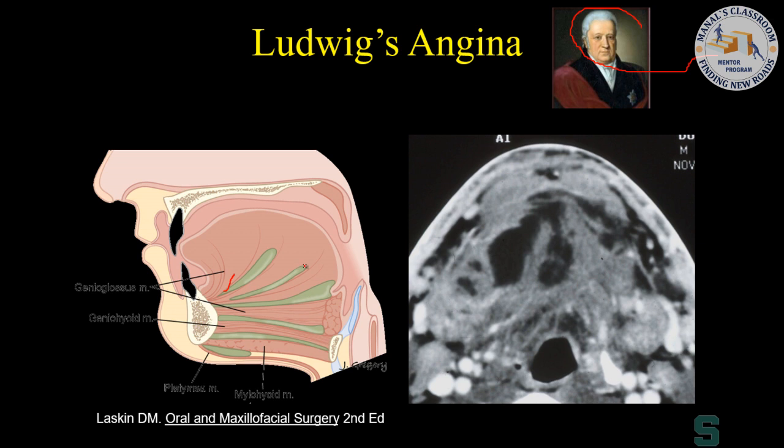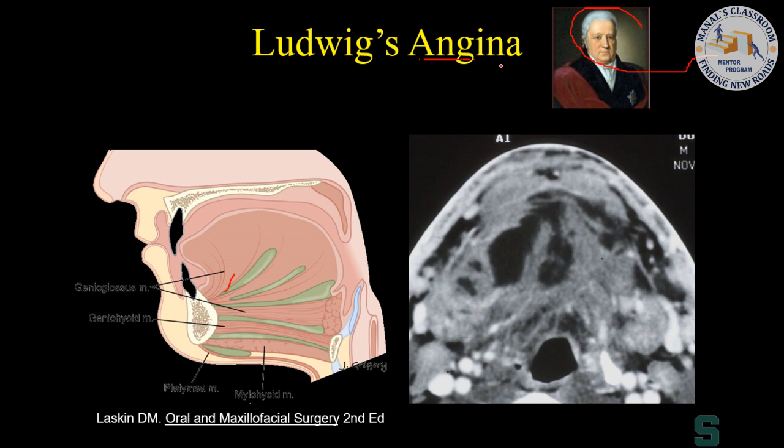So Ludwig described Ludwig's angina long before CT and MR. He described this basically in the early 1900s. And the reason why the term angina came is that angina is Latin for strangulation.